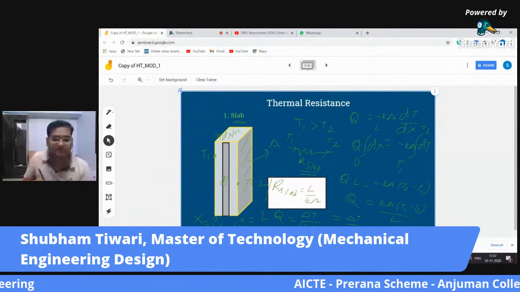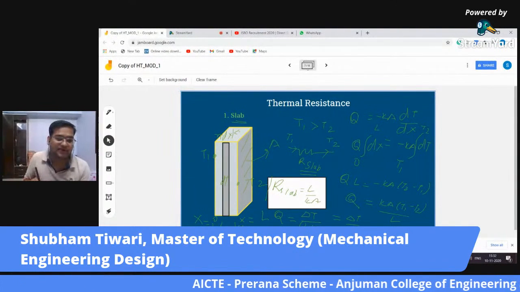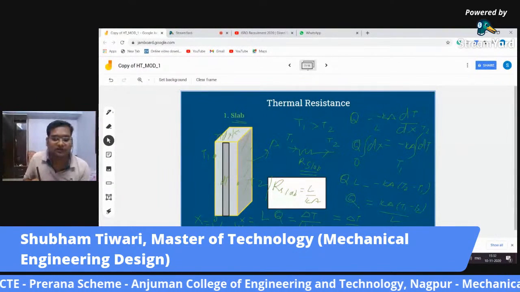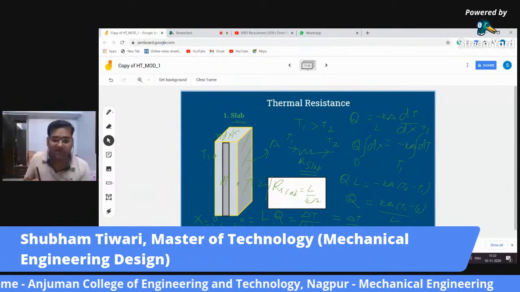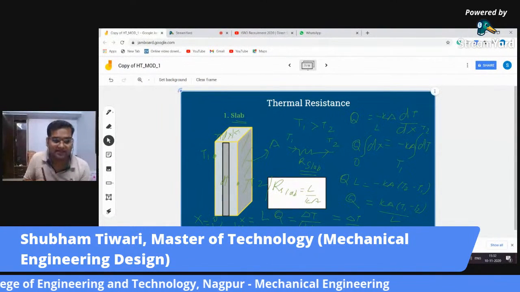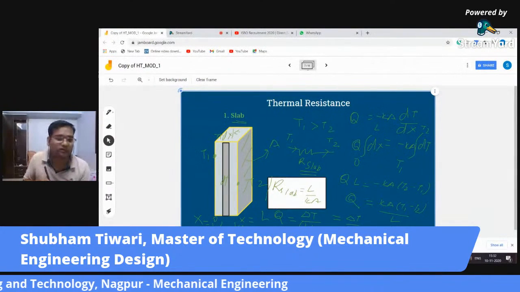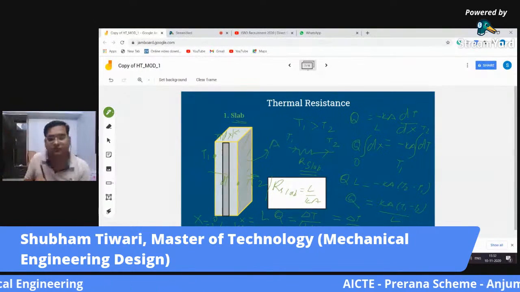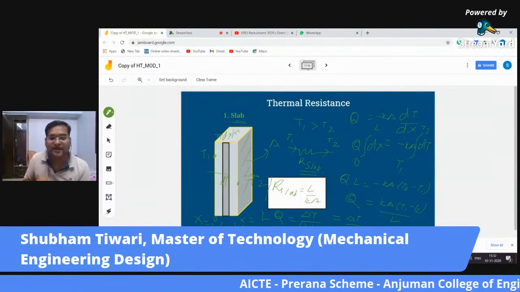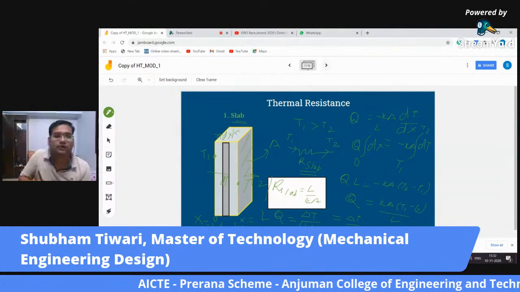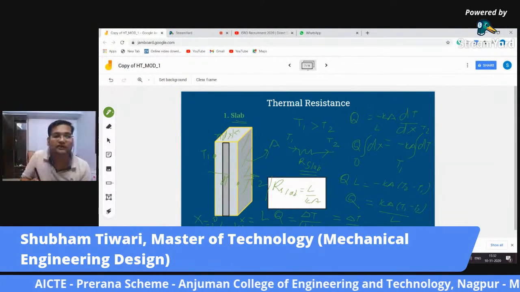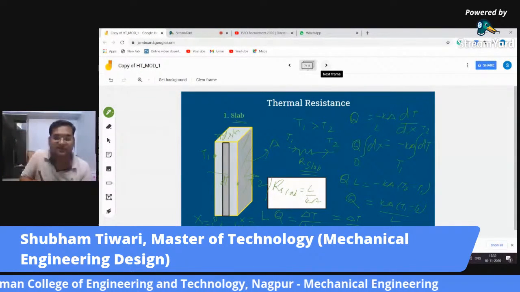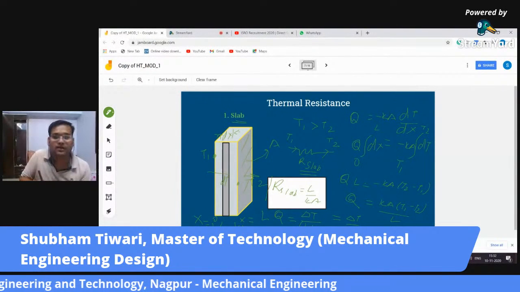So if it was made of cement, we have to take the value of K cement. If it is made of steel, we have to take K steel. So the value of K depends on the material. It is multiplied by A, the area perpendicular to the direction of heat flow. So R slab is L by KA. Don't worry, if it is not looking good, we will summarize this in the coming section. I hope it is all clear to all now.